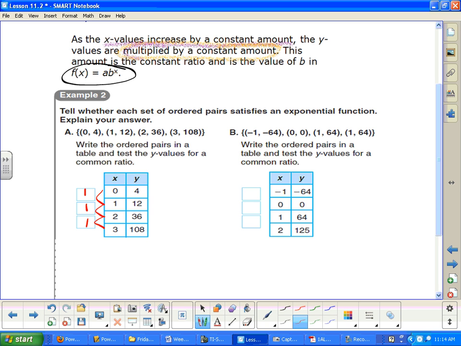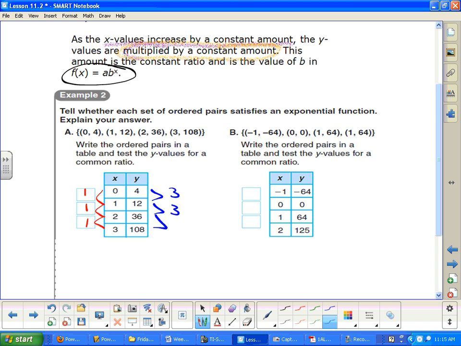So then we need to look at the y values and calculate the ratios. So we're going to divide. Remember, when we divide, we do the next number divided by the previous number. So that's why it's important that you put these in order. So what's 12 divided by 4? 3. And 36 divided by 12?